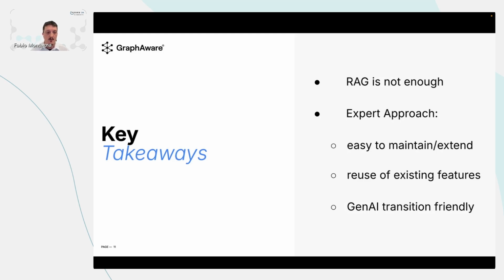If you have an issue, or if you want to implement something new, you just have to ask yourself what an expert would do, and then try to add yet another agent that is fine-tuned to fix that specific problem, as we saw before. It also lets you reuse existing features because they are going to face basically the same problems, and it's easy for the transition when you're doing some Gen AI transition.